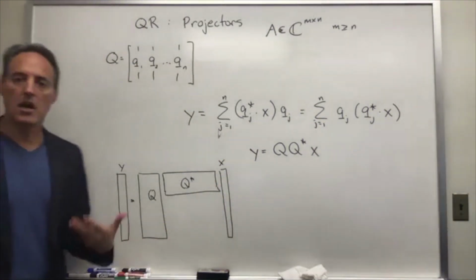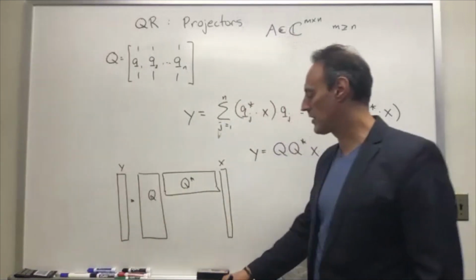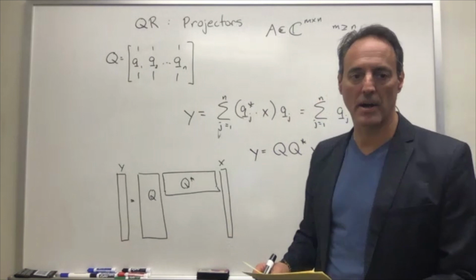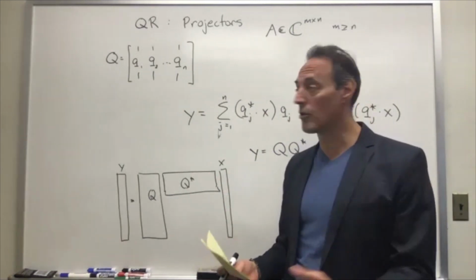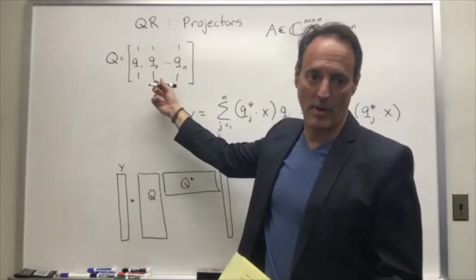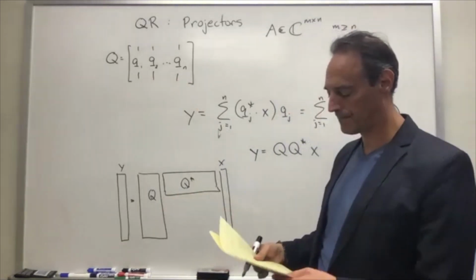So this is a decomposition or a factorization into its orthogonal projectors. By the way, you don't have to have an orthogonal projector. I'll talk a little bit more about that later, but mostly what we want to be working with is orthogonal projectors. And orthogonal projectors are such that, essentially what we have in a QR, which is orthonormal vectors. Okay?